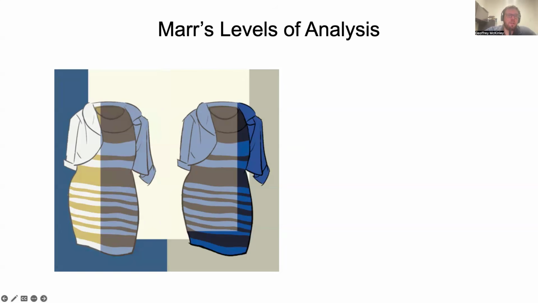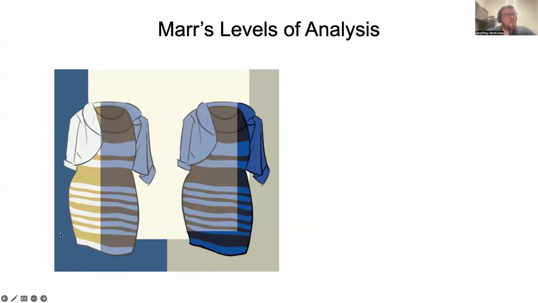And so if you assume that the light source is more bluish, perhaps because the sky is blue, right? And so it's more natural light, people will likely interpret the dress as white and gold, right? So that's here.